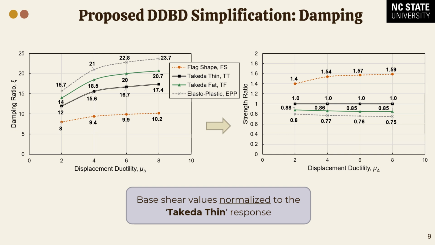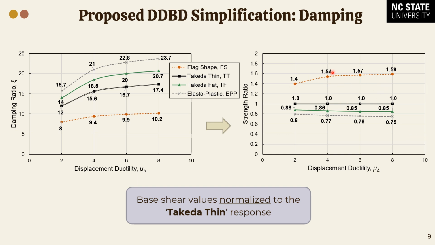If you look at, for example, the large Takeda, which is green, or the elastoplastic, which is this dashed line, you see that irrespective of the value of ductility there isn't really a lot of change, meaning that for the large Takeda response the values of strength are approximately 86% of what you get from thin Takeda. And for the elastoplastic, it's about 77%.